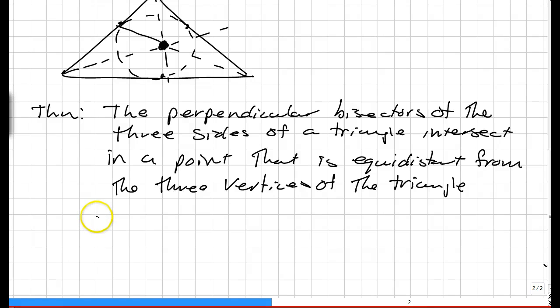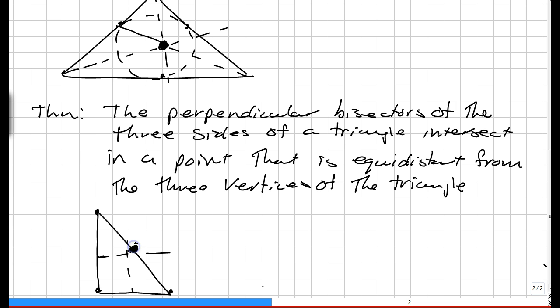So for instance, if we look at a right triangle, and we do the perpendicular bisectors, okay, then this point is going to be equidistant from all three of these vertices.